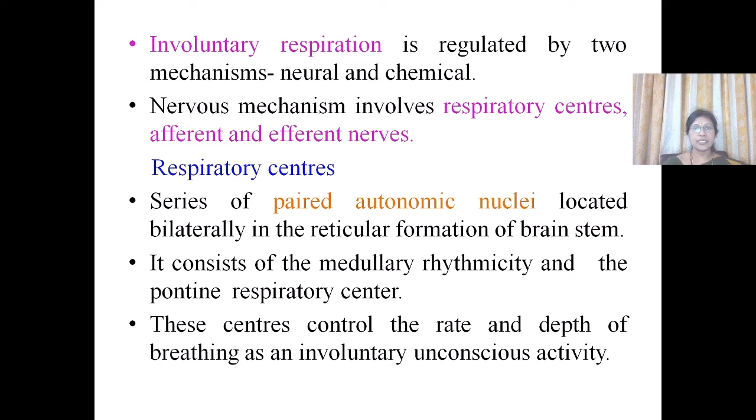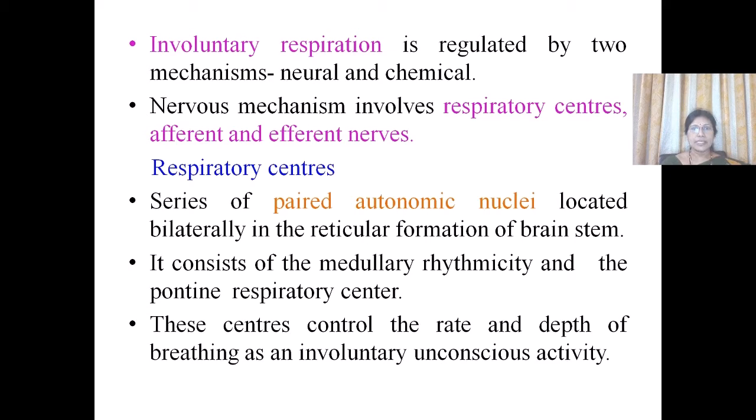Involuntary respiration is regulated by two mechanisms, neural and chemical. The nervous mechanism involves respiratory centers, afferent and efferent nerves. What are respiratory centers? Respiratory centers are a series of paired autonomic nuclei, that is, collections of neurons located bilaterally in the reticular formation of the brainstem.